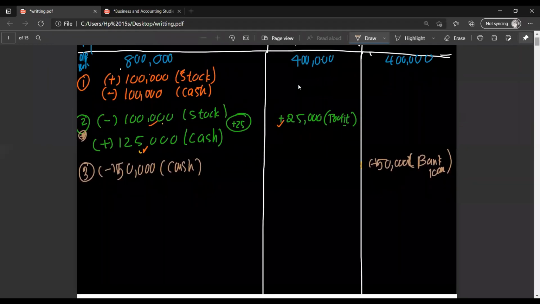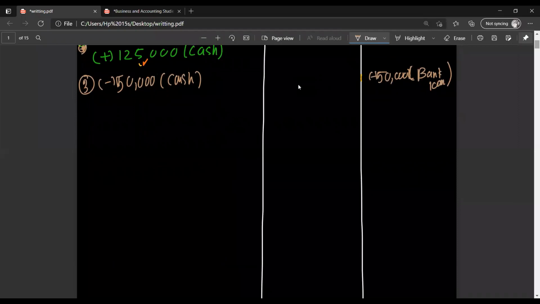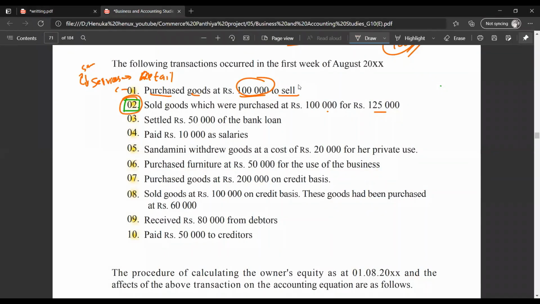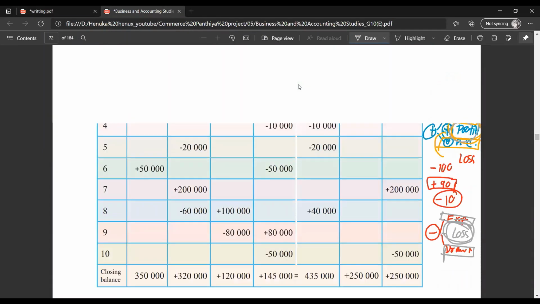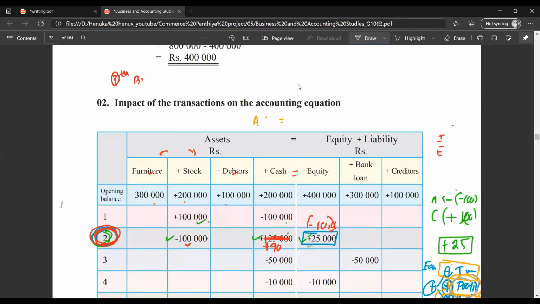Okay, let's continue. Let me ask in the chat: is the descriptive way easier, or the way I am showing now? Which one is the easiest method to do these equations? Tell me your opinion.